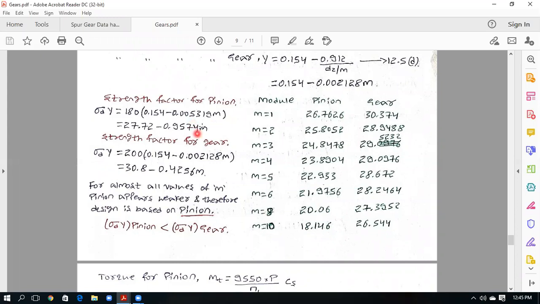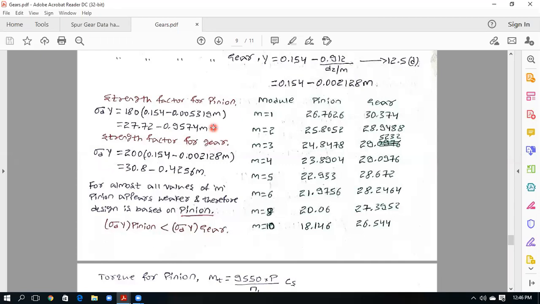Once you get the value of m, then only you will be able to find the sigma into y value, that is the strength factor. For that reason we don't have any option. What I will do is substitute the value of m from the trial and error method. Keep on substituting the value.